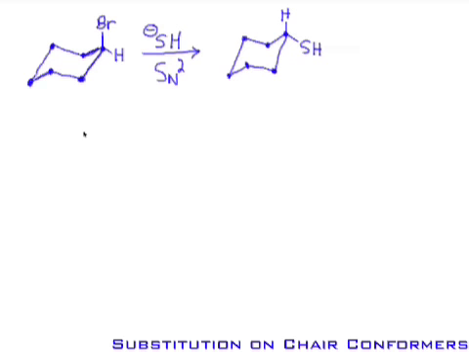Where it becomes important is when you have a chair conformer that's chiral. If, for example, I drew, let's draw a different one. Let's put an iodine. And suppose I had a methyl here.